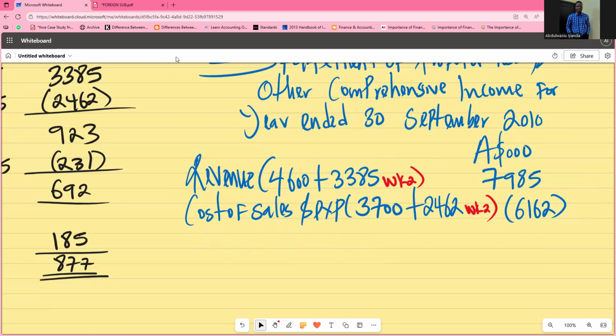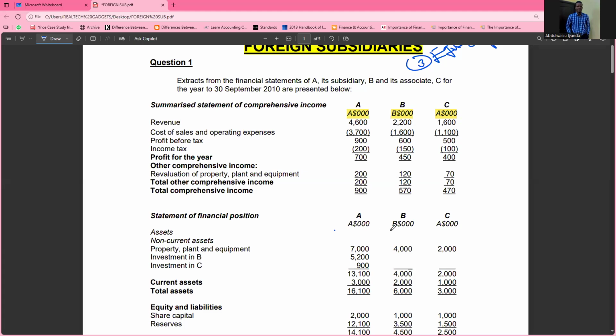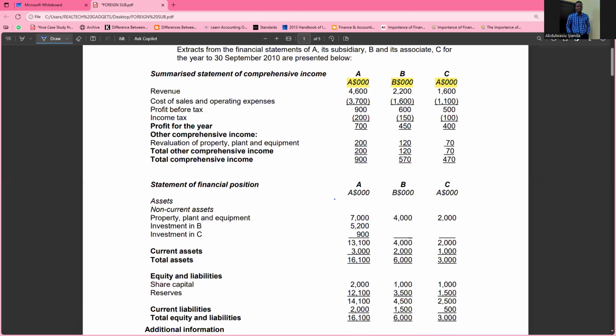We're not going to bring in the share now, let's do it first because I don't know whether it's going to be a loss or a profit. If you look, the associate is having a profit of 400. And we have 40% in that associate.